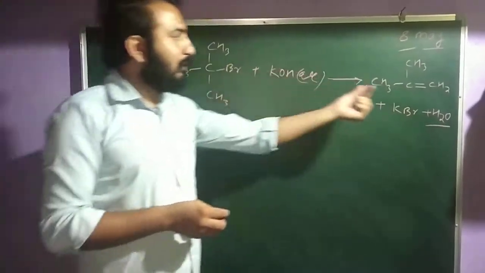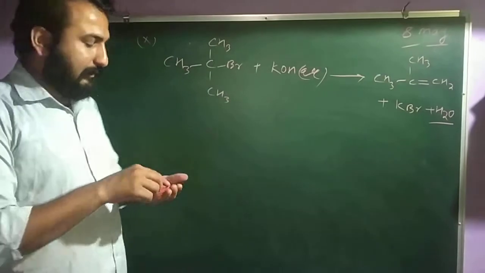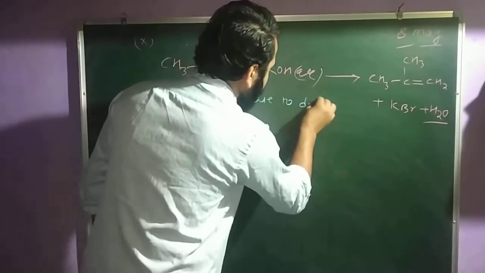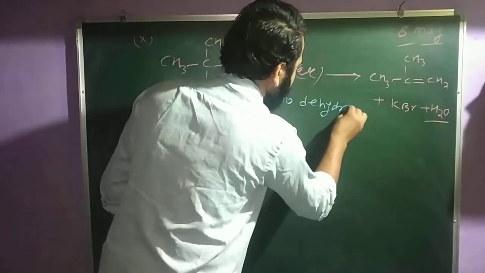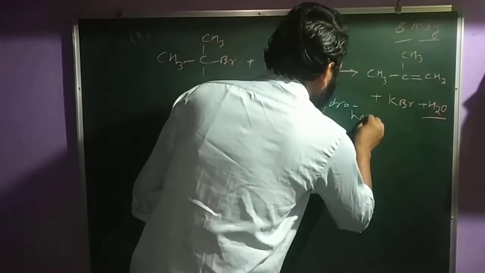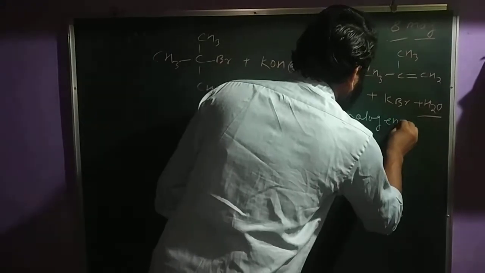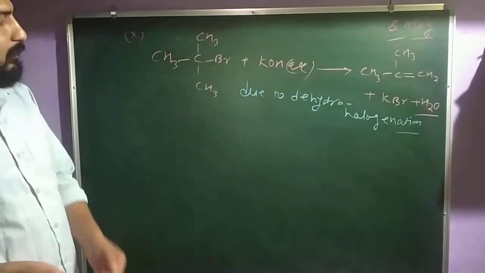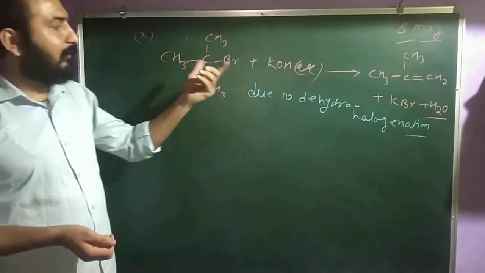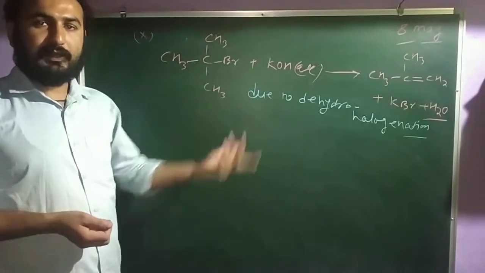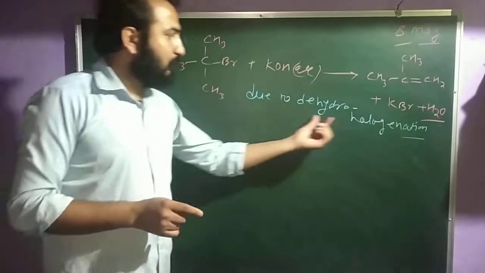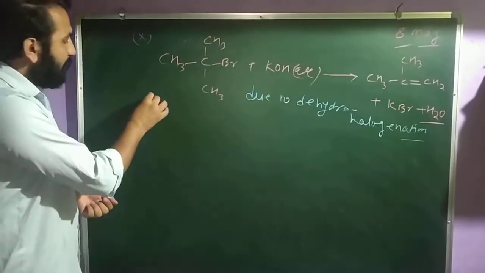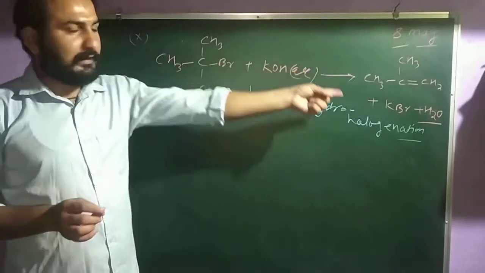It will not form any alcohol due to dehydrohalogenation. The question comes in this manner: why are we not able to prepare alcohol from third degree haloalkanes? The answer is due to dehydrohalogenation. Clear? Then the third degree haloalkane gives the alkene.